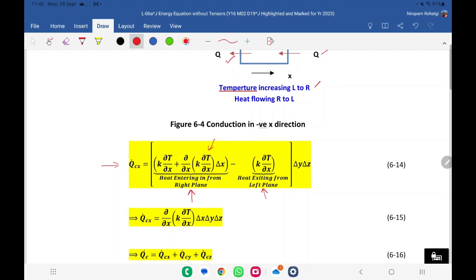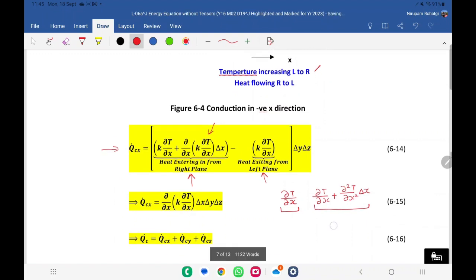Let me just write here. On the left side the temperature gradient is this. On the right side the temperature gradient is this, plus del square T by del x square into delta x. So there are two different temperature gradients, one on the left side, one on the right side. They are not the same. Everything is changing as you move along the direction as well as time.